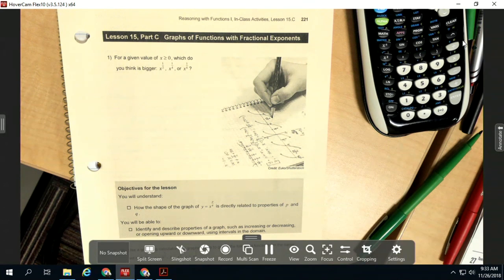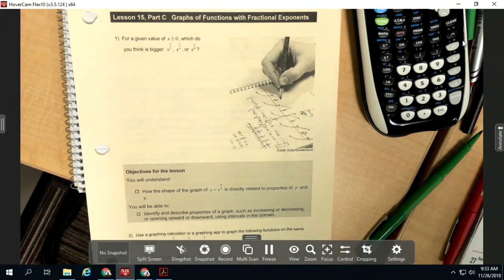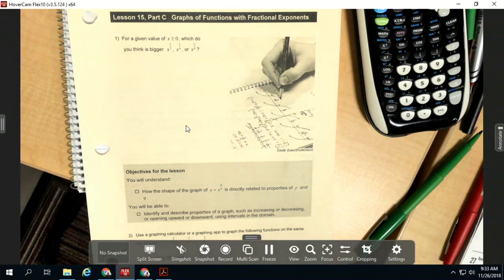And somebody in Menominee gave us the right answer. Was it Grant? You don't remember giving us the right answer? Well, that's what we're going to study today. We are going to graph different powers and see which is bigger.